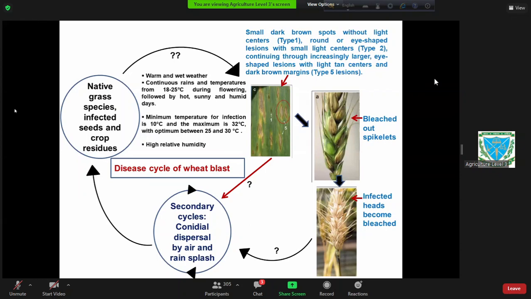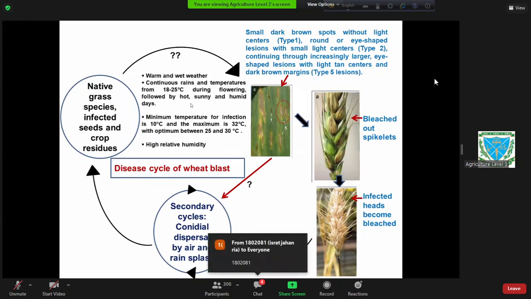And in the previous slide, I tried to explain the environmental conditions: warm and wet weather, continuous rain, and a temperature range between 25 and 30. All these factors collectively induce the pathogen to produce spores.